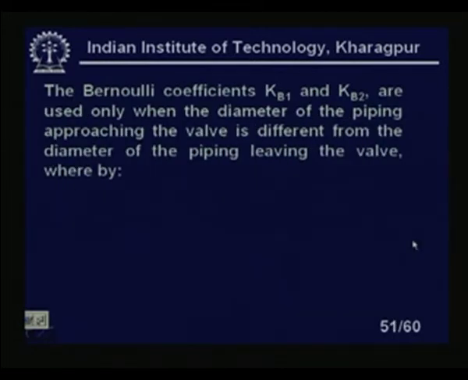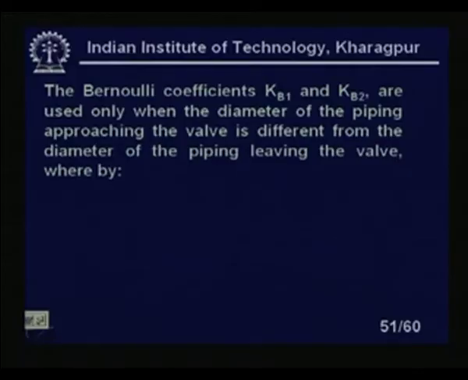Now, the Bernoulli's coefficients Kb1 and Kb2 are used only when the diameter of the pipe approaching the valve is different from the diameter of the pipe leaving the valve. If the pipe diameter at the inlet and the outlet of the valve is the same, then Kb1 will be equal to Kb2, otherwise it will be different. But in most process cases we will find this will be 0 because Kb1 equals Kb2, so Kb1 minus Kb2 will be 0.